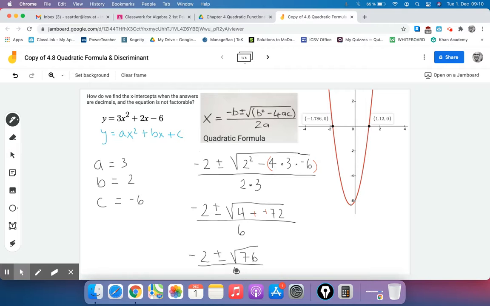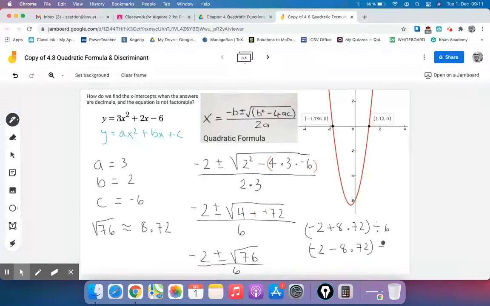Okay, then we go to the calculator, and the square root of 76 is about 8.72, and I want you to, like I said in class, round to 2 decimal places. So now we have to do 2 separate calculations, -2 plus 8.72, and then divide by 6, or we have to do -2 minus 8.72 and divide by 6.